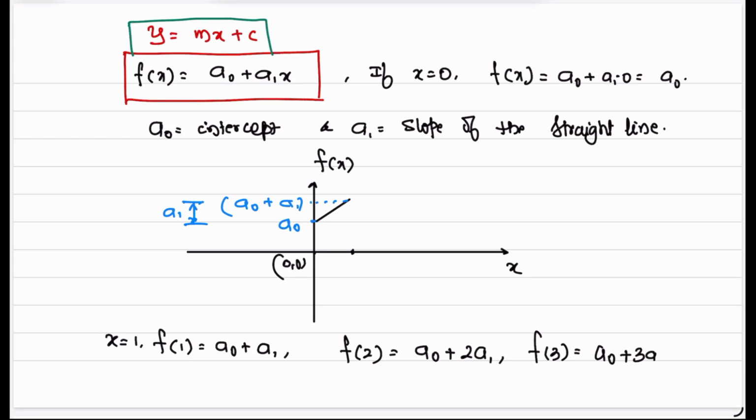This is x is equal to 1. When x is equal to 2 here, this is going on like this. This difference is 2a1 and total is a0 plus 2a1.